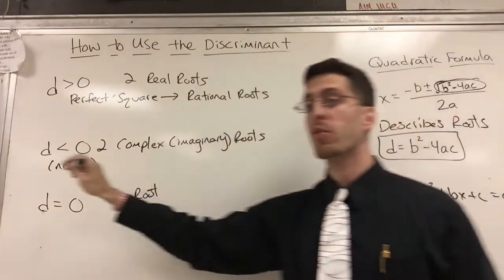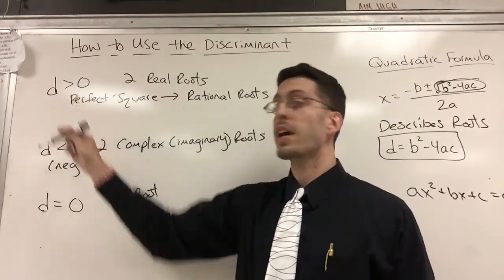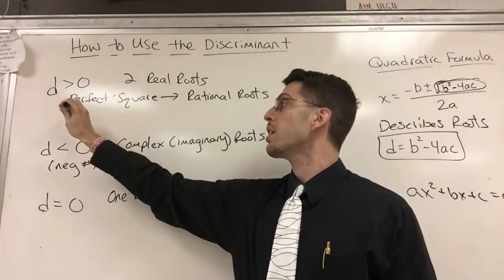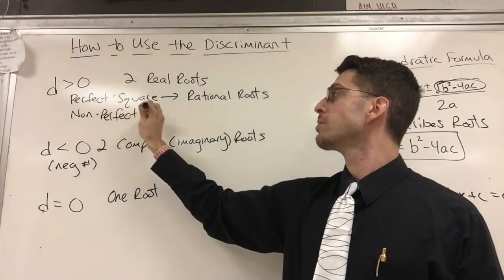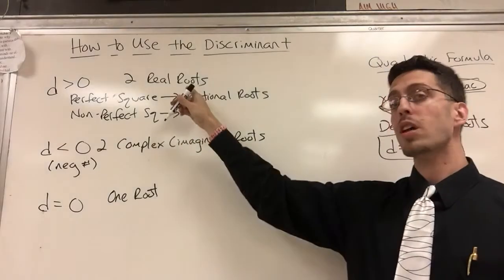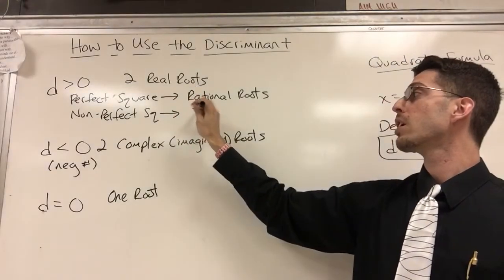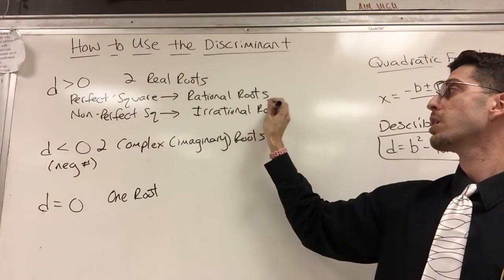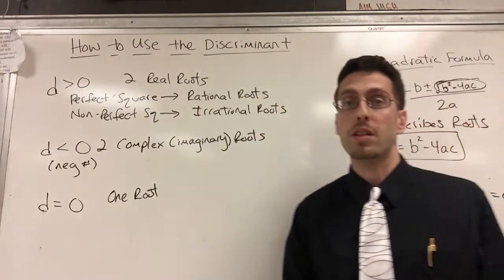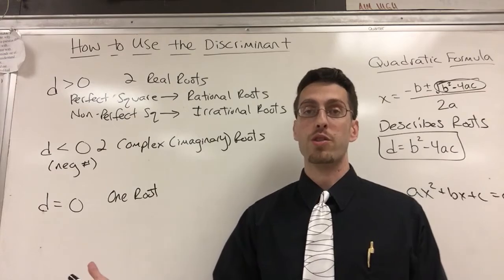If it's not a perfect square, but it's still positive, like, I don't know, 7, then if it's a non-perfect square, then you will still have 2 real roots, but they will be irrational roots. Because the square root of 7 is irrational, so it will lead to an irrational answer.